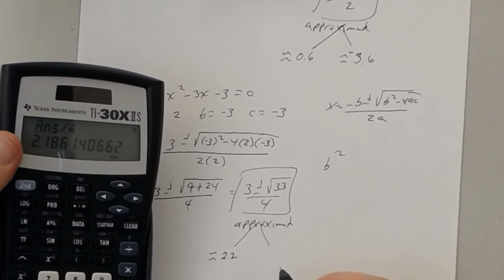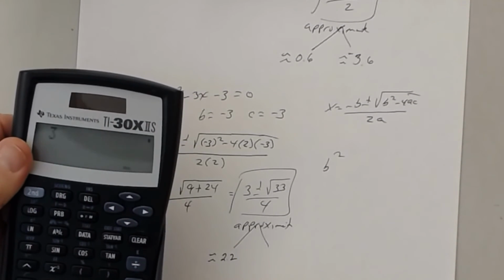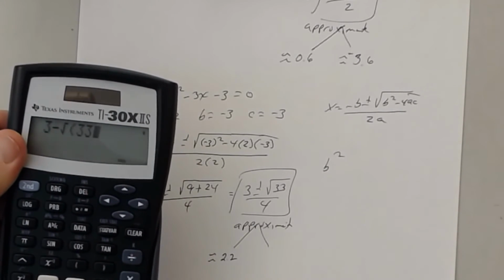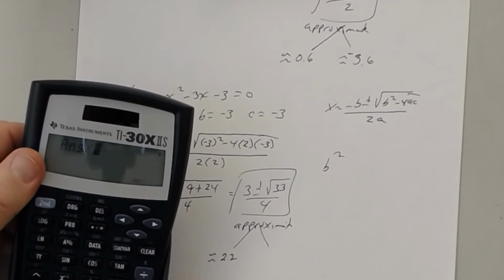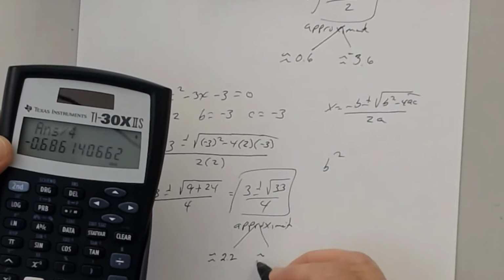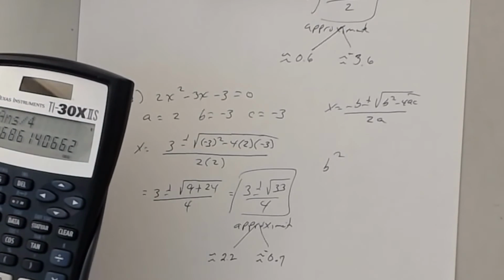Okay, that's one of them. Your other one, you're going to say 3 minus the square root of 33, press equal, and then divide by 4. What's the other solution approximated? Negative 0.7. Okay.